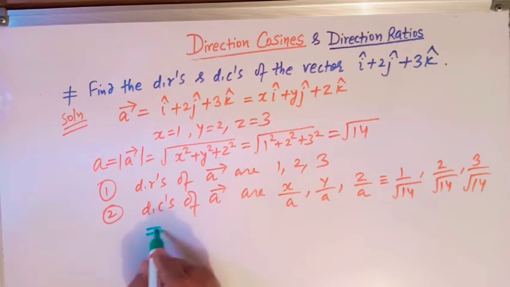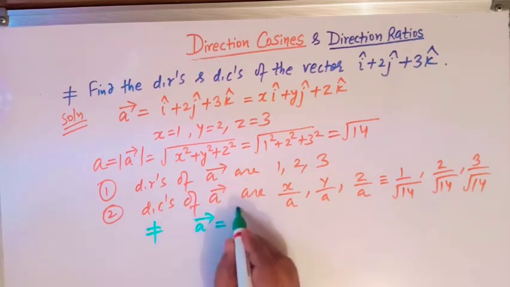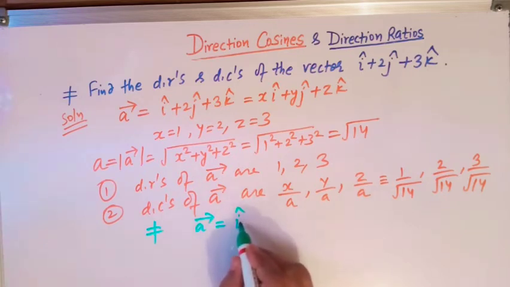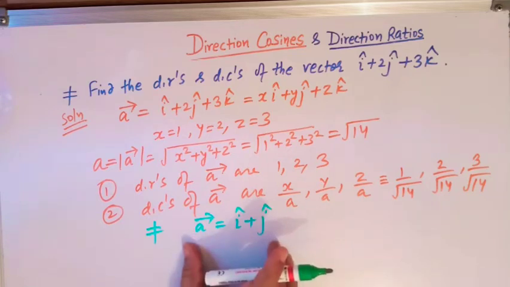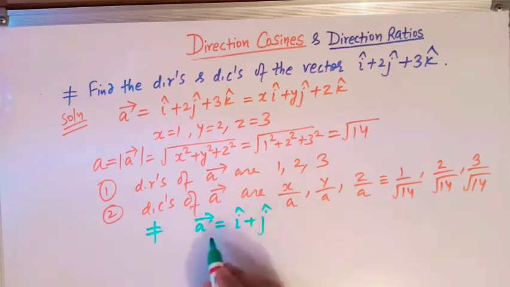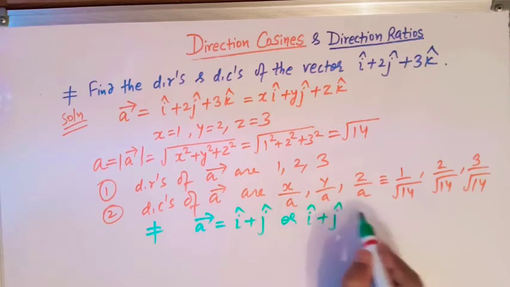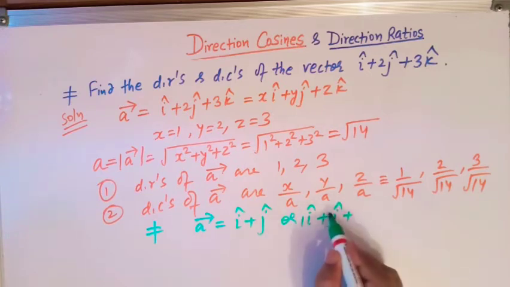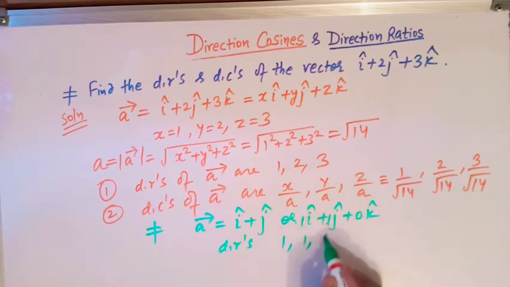Now suppose we have a vector, say vector i cap plus j cap. Now we have to find its direction ratios. So we can express this vector as i cap plus j cap plus, here we have 1, here we have 1, and here we have 0, k cap. So what are the DRs? So DRs are 1, 1, and 0.